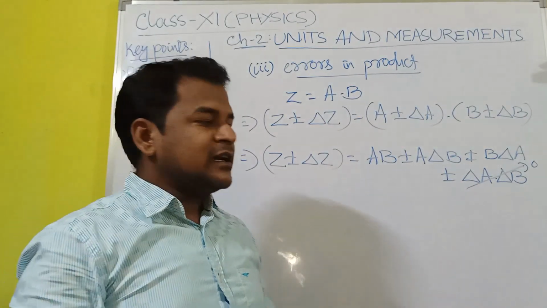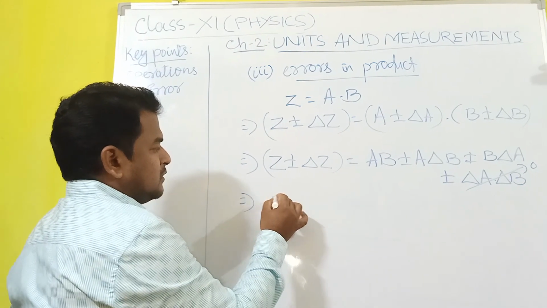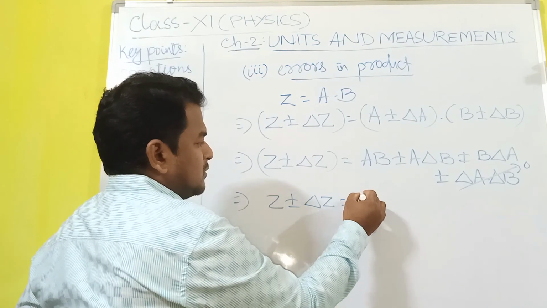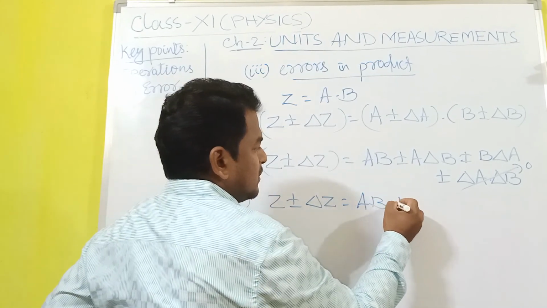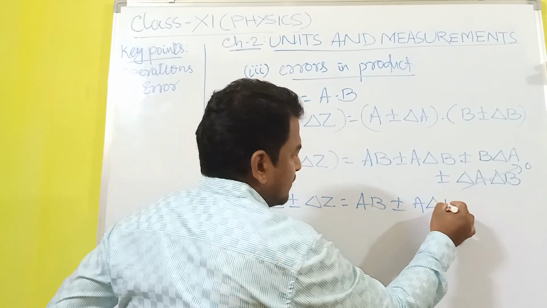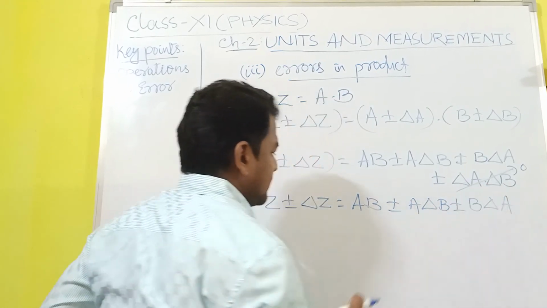So we have neglected this term. Now Z plus minus delta Z equal to AB plus minus A delta B plus minus B delta A.